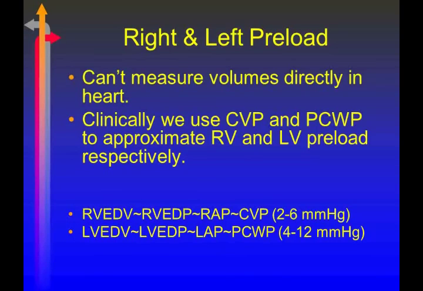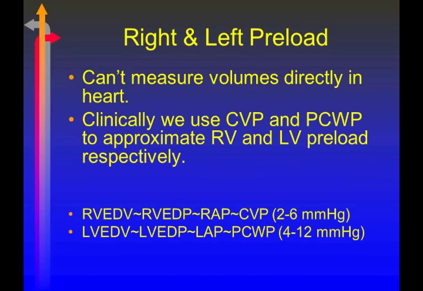Can't measure these directly. We know that we use a CVP. Well, can't measure the volumes directly. We're going to infer volumes by looking at pressures within those chambers. And if you remember back, that right ventricular end diastolic volume is interpreted by looking at the right ventricular end diastolic pressure.